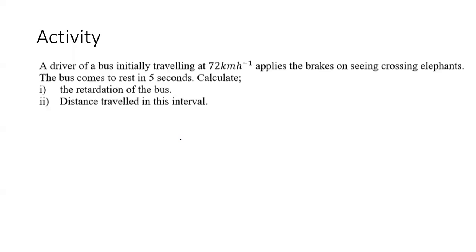That's right. I want everyone to first change for me the 72 kilometers per hour, the way we have done on our previous number, to meters per second. That is the first thing.